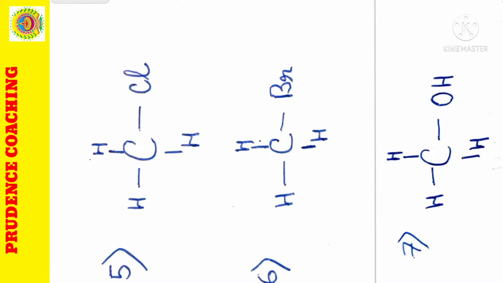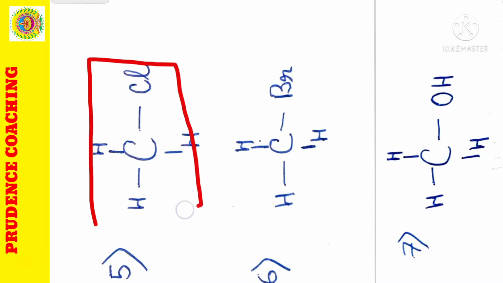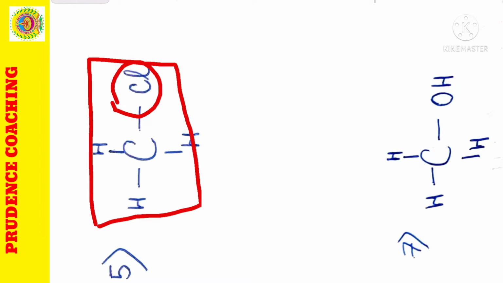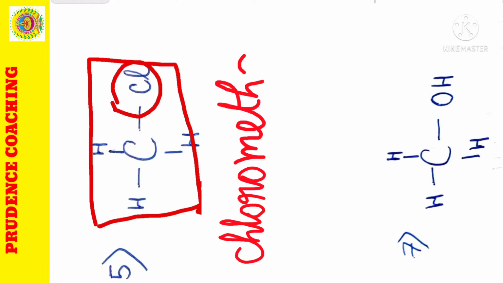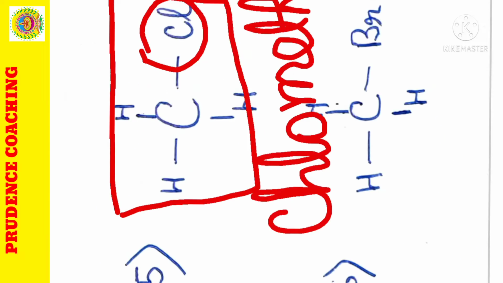So here we have found out that it will be methane, but here we have chlorine attached with this. So as a prefix we will get here chloro, as it is the halogen and halogen comes as a halo, so it will be chloro, then we will write methane after it. So this is our final answer. So this is chloromethane.